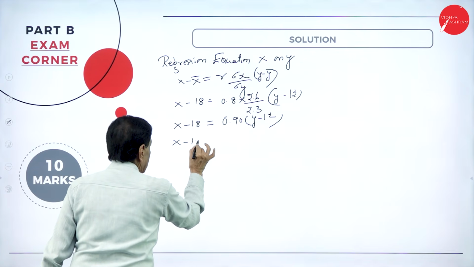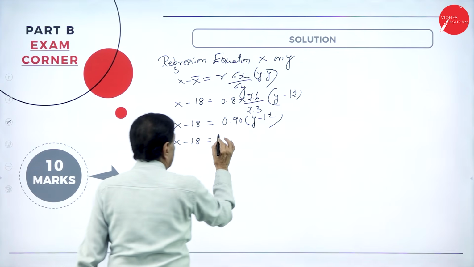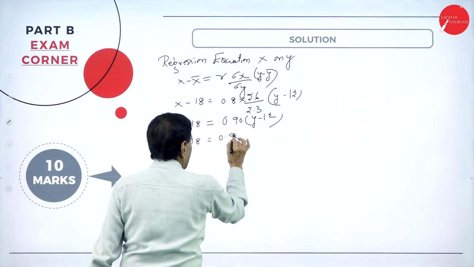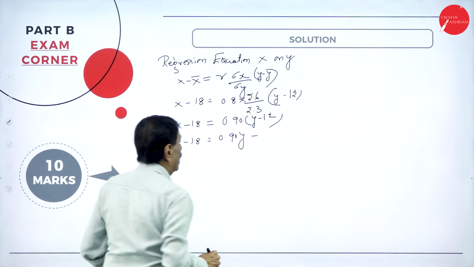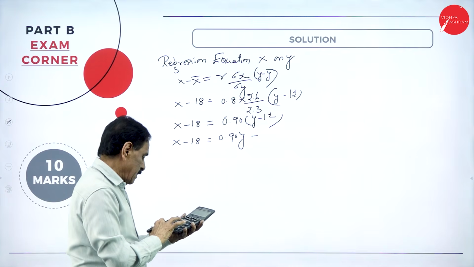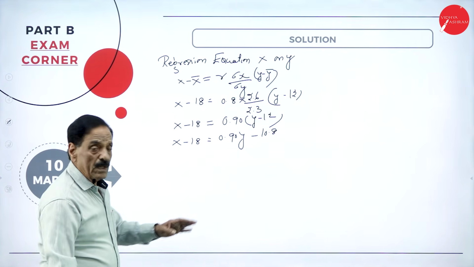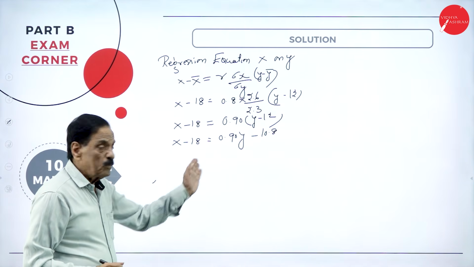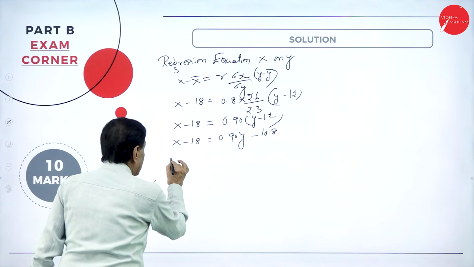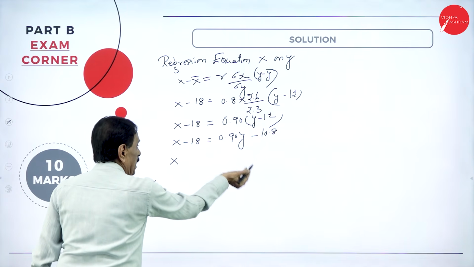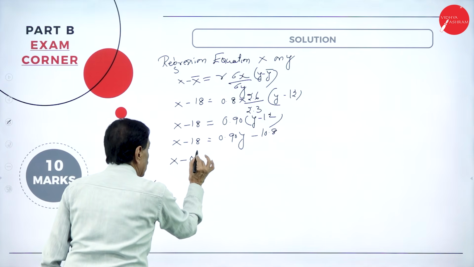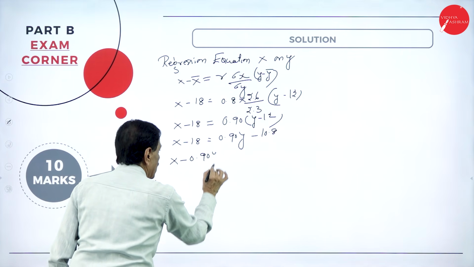X minus 18, 0.90y, 0.90 into 12, 10.8. You take algebraic number one side, numerical number one side. X minus, you take plus becomes minus 0.90y.